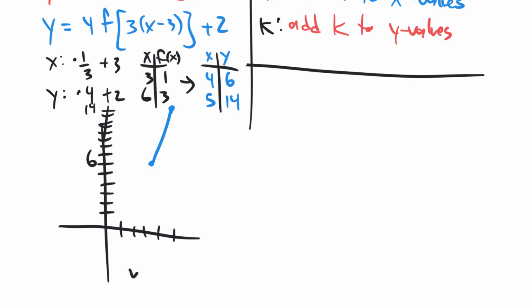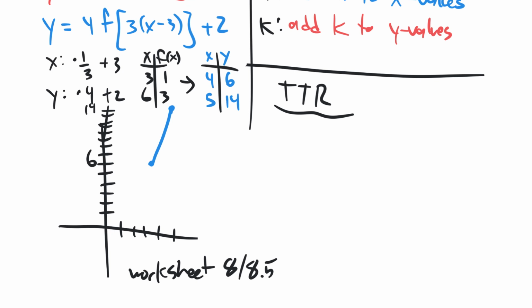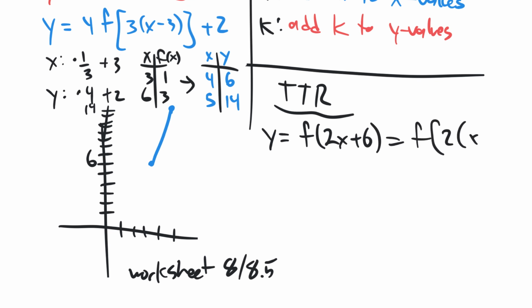So for practice, you can try worksheet 8 and 8.5 and maybe include one of those examples in your notes. And then any things to remember, and probably the most important thing here, well, there's 2 things. One is if you have f of 2x plus 6, this is the improper form. You have to write it as f(2(x plus 3)).